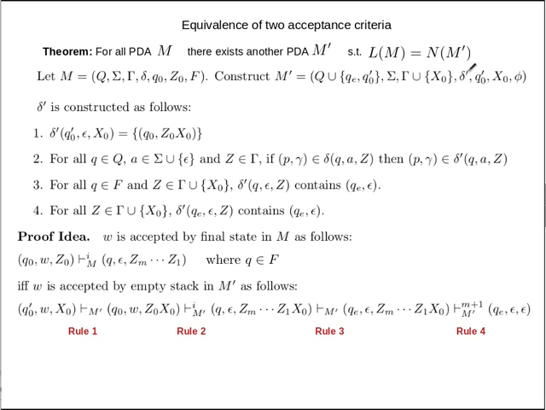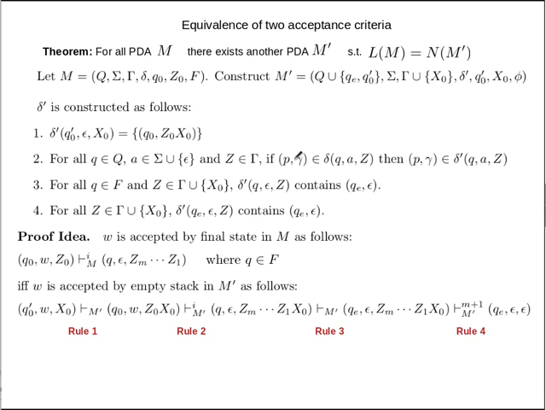So here we have a new transition function delta prime, and delta prime is defined as follows. Again, if you concentrate on this rule 2 for constructing this delta prime, you will see that it is almost equal to this delta. Why?